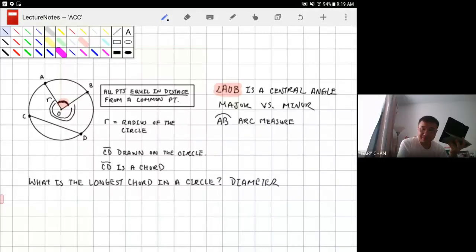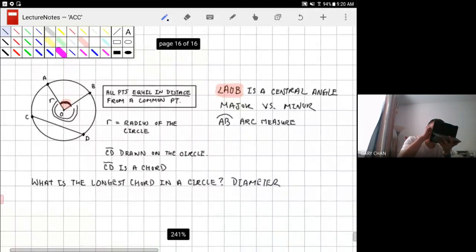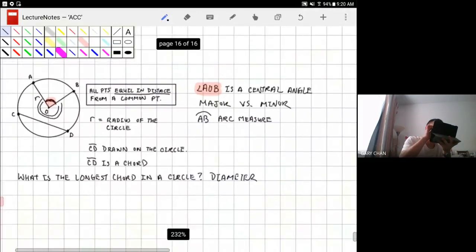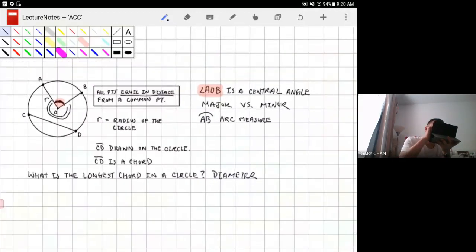There's 360 degrees in a circle. So arc measure can be measured in degrees.